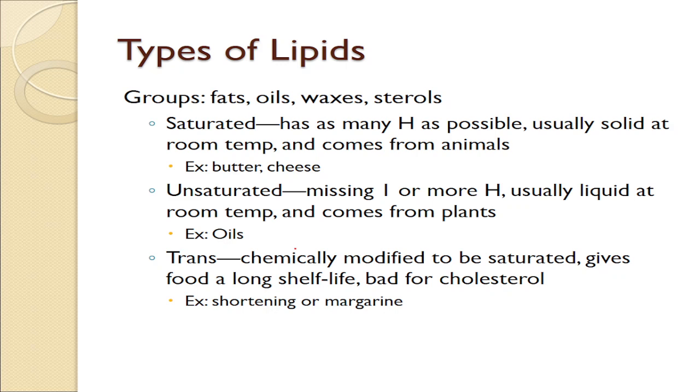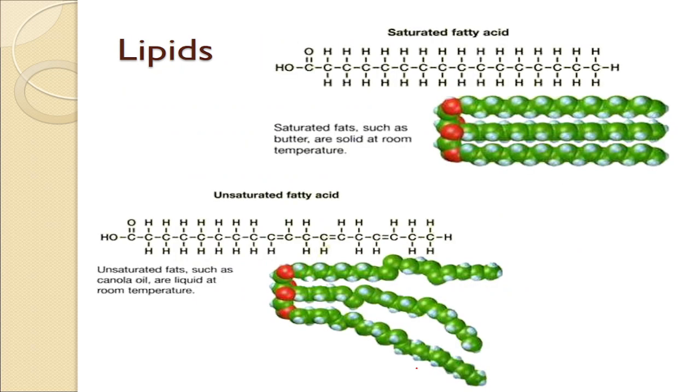Unsaturated is missing hydrogen, usually liquid at room temperature and comes from plants, such as oils. Trans fats are chemically modified to be saturated and give food a long shelf life, but they are also a source of bad cholesterol. The junk foods that we eat have a lot of trans fat. Some examples are shortening or margarine. So lipids, we have the saturated fatty acid. So this one.